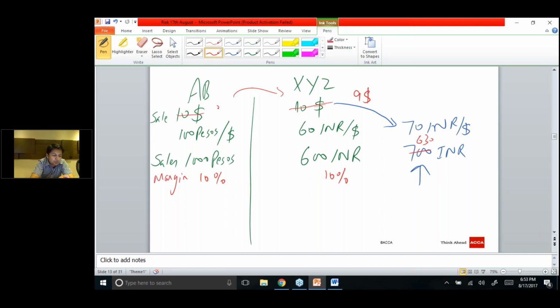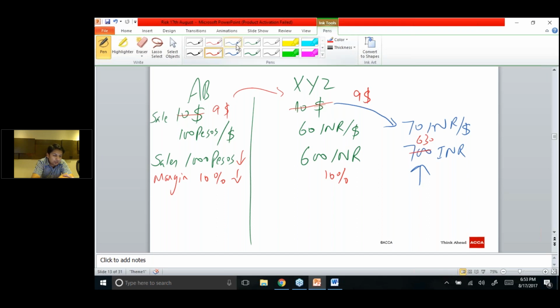Obviously, you will also reduce price. And if you reduce price, your sale will decrease and your margin will go down. You have done nothing wrong, but if your competitor's currency depreciates, you will face loss. Let's suppose the other country has done nothing, but your own currency gets appreciated.